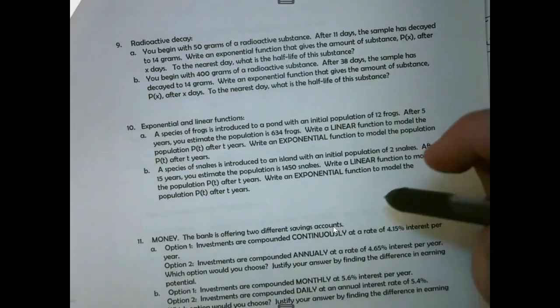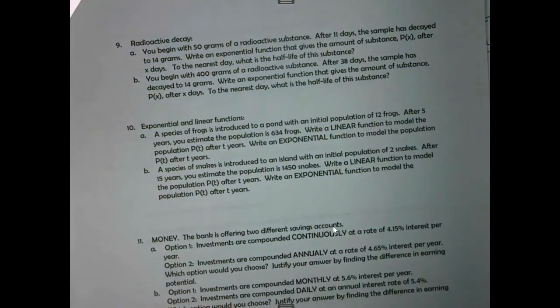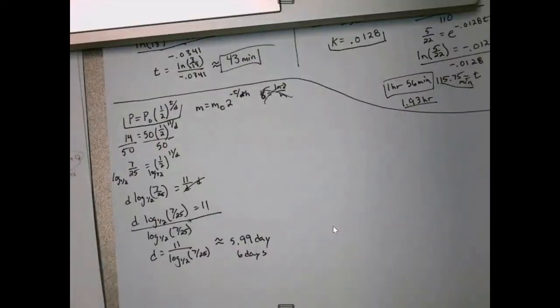Okay, part B says you begin with 400 grams of radioactive substance. After 38 days, the sample has decayed to 14 grams. Write an exponential function that gives the amount of substance after X days. To the nearest day, what is the half-life?